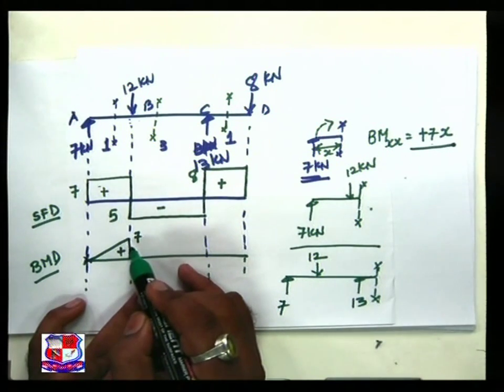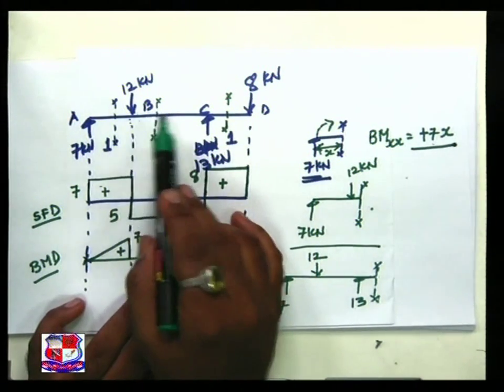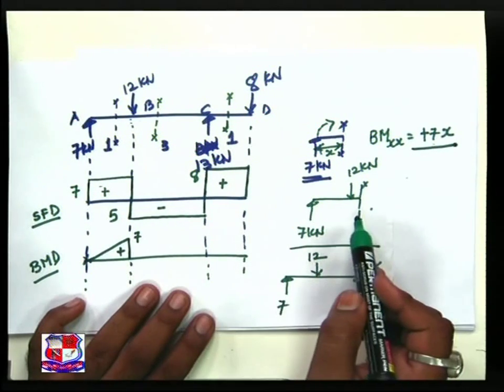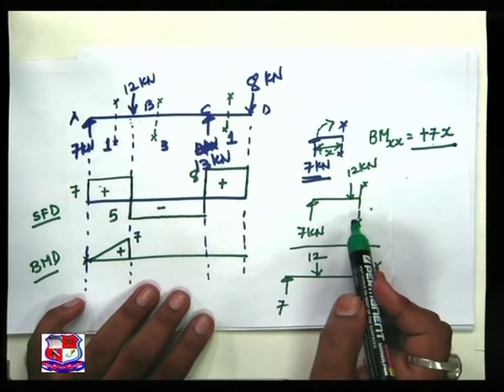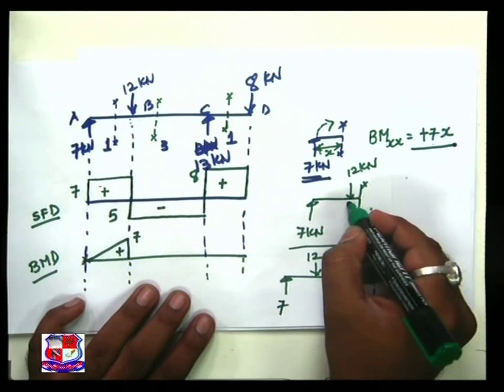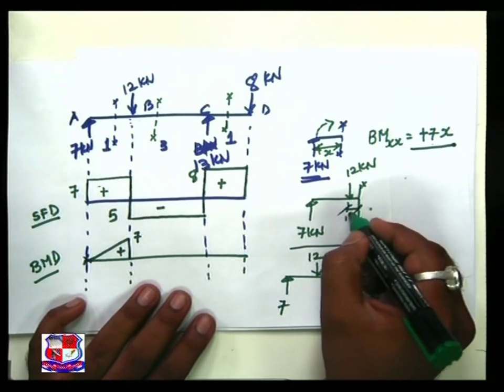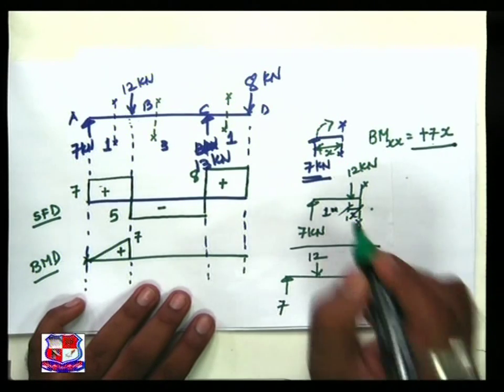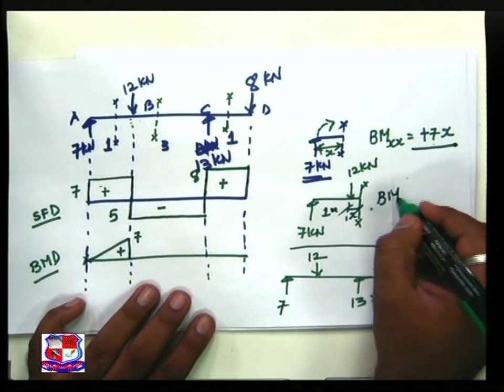Next, taking a section between B and C, which is shown over here. X is the distance over here. This is of 1 meter. What is the bending moment at XX?